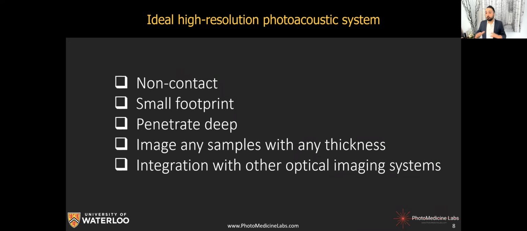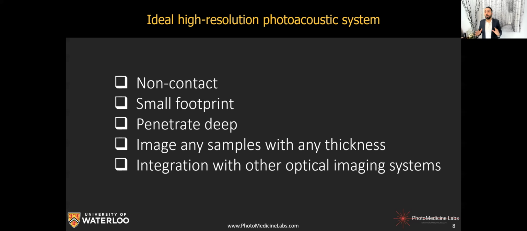To give you a ballpark number, using green or visible wavelength in scattering tissue, for example the skin, we really cannot focus more than 1 millimeter into the tissue. That means our penetration depth is usually around 1 millimeter in scattering tissue. For the eye, because it's clear, we can penetrate and image the entire eye, but in scattering tissue it is around 1 millimeter.